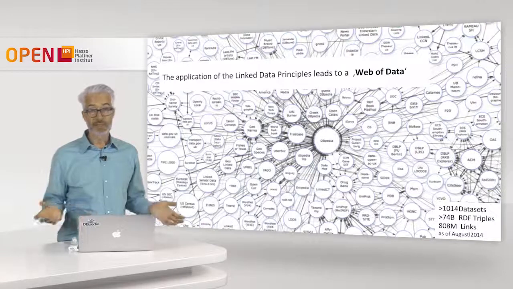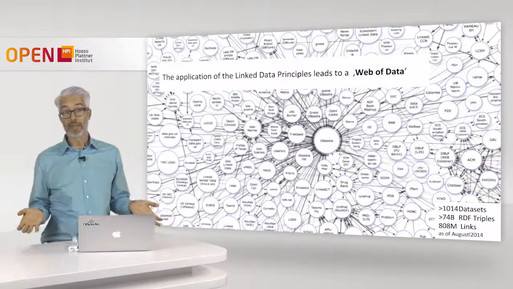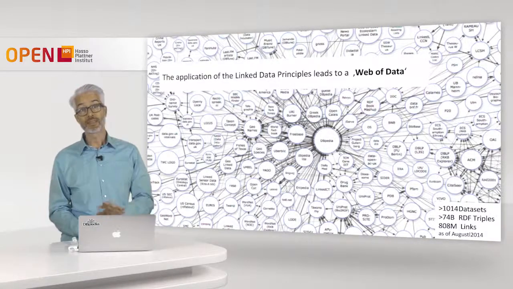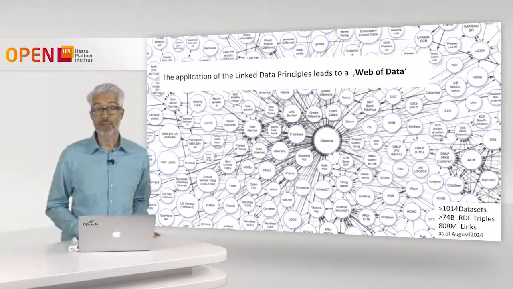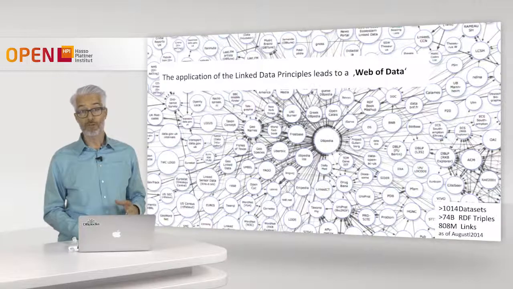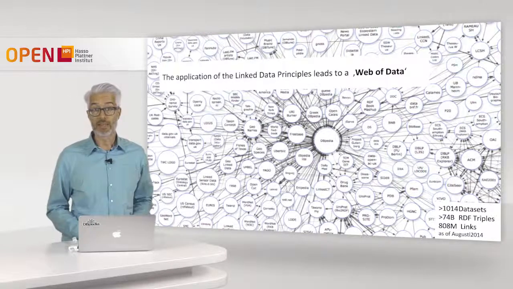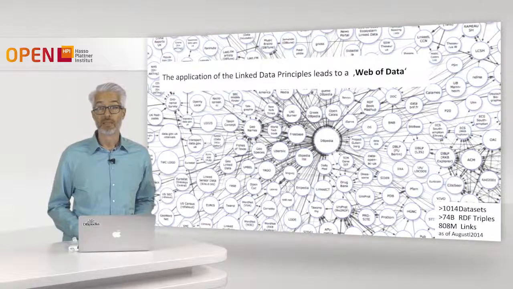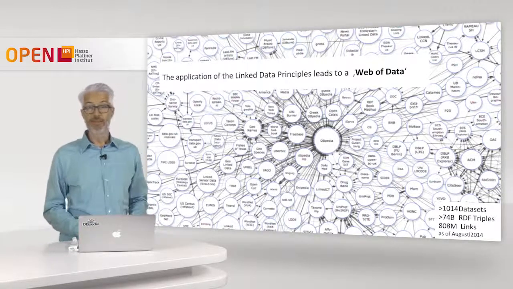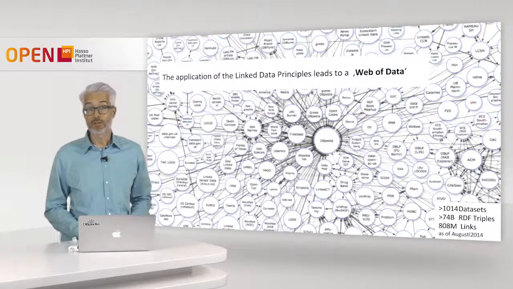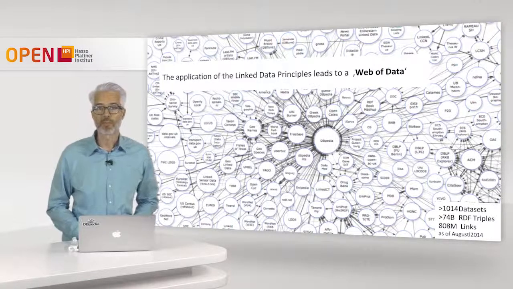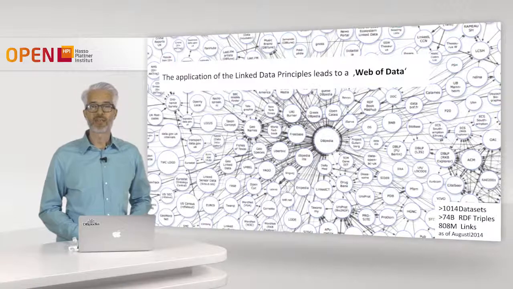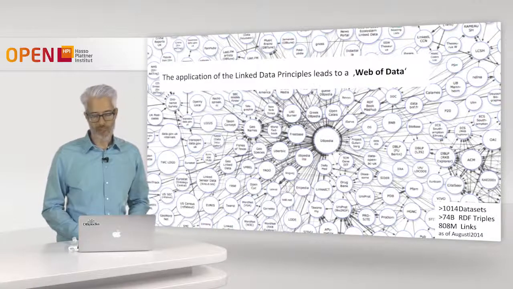And if you consider them, you end up in a web of data, which is nothing else but a huge set of data sets which are all interconnected with each other and who all follow these linked data principles. So for the last census, which was in August 2014, it was more than 1,000 data sets, which provided about 75 billion RDF triples with about 808 million links among them.